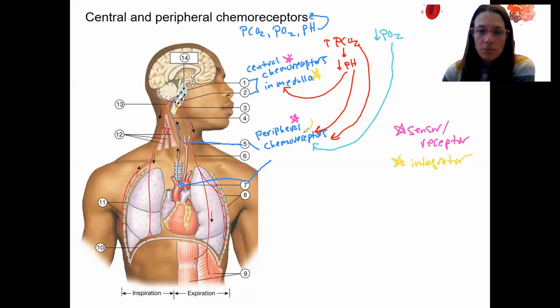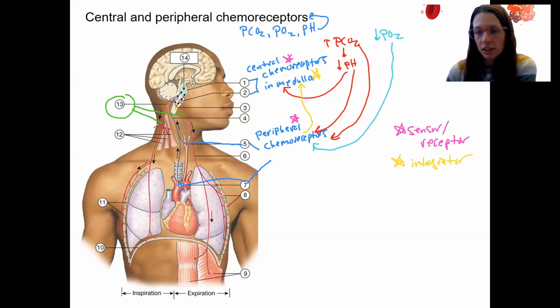So it may be that these receptors send an afferent signal, a neural signal, to the medulla from the periphery. Regardless of how the information gets to the medulla, it is the integrator, and it makes that decision about whether to send an output signal via these nerves that travel to the diaphragm and intercostals here.